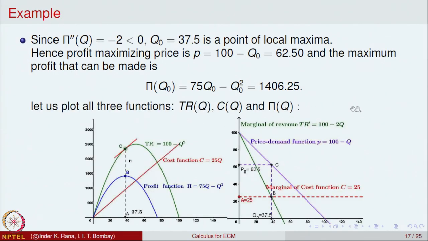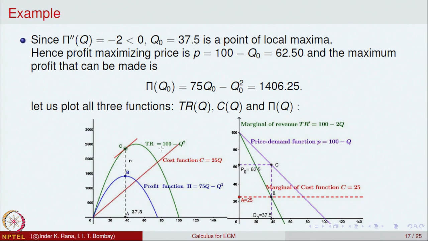So, this is the graphical representation of all the information that we have done till now. Look at this blue function: that is the profit function 75q minus q squared. This red line is the cost function C equal to 25q, a linear function, so its graph is a straight line. The profit function is quadratic, and since the coefficient of q squared is negative, the graph is a parabola like this.